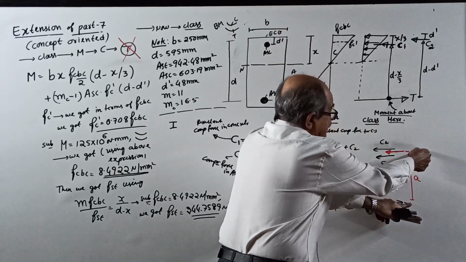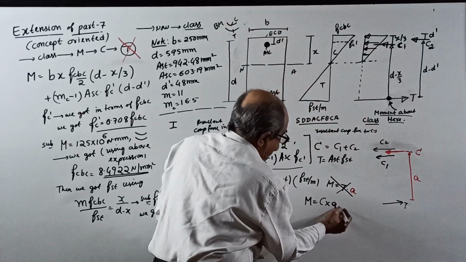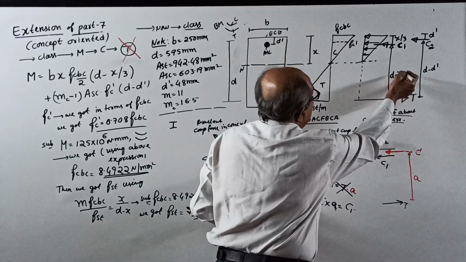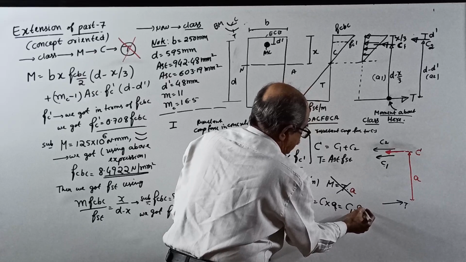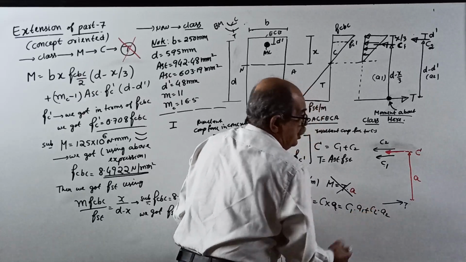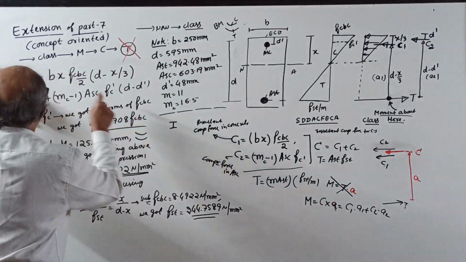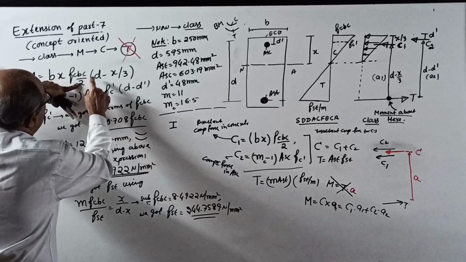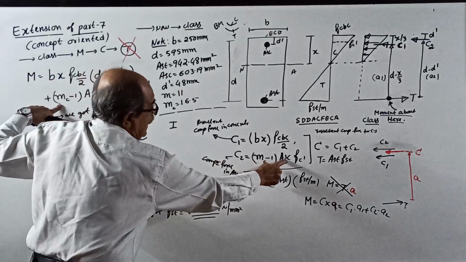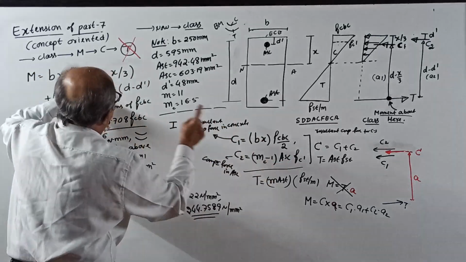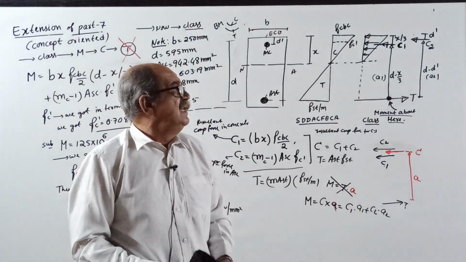Then also it is C into a, which equals C1 into a1 plus C2 into a2 by Varignon's theorem. That's how we got M equal to C1, b x fcbc by 2 into d minus x by 3, plus C2, m c minus 1 ASC into fc dash, into a2, d minus d dash. This is the general argument. People will tell that line of action of what?